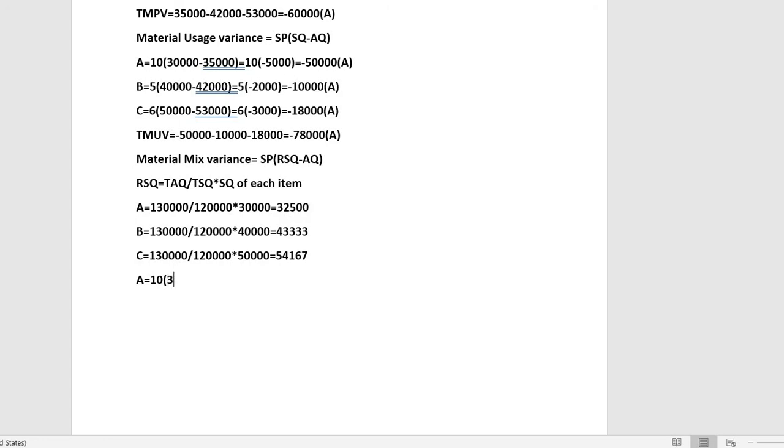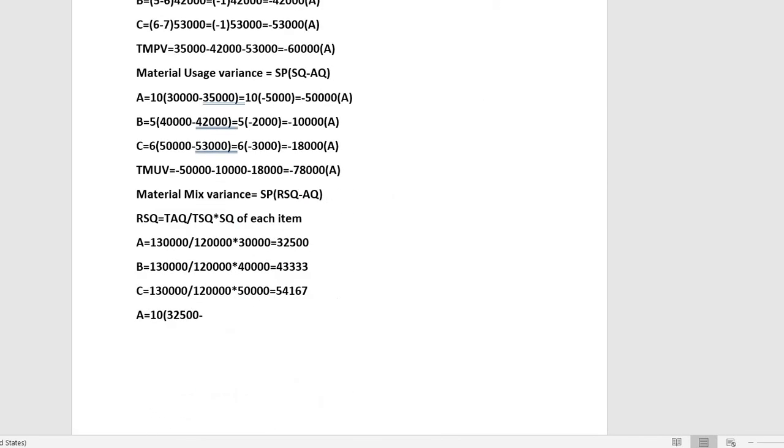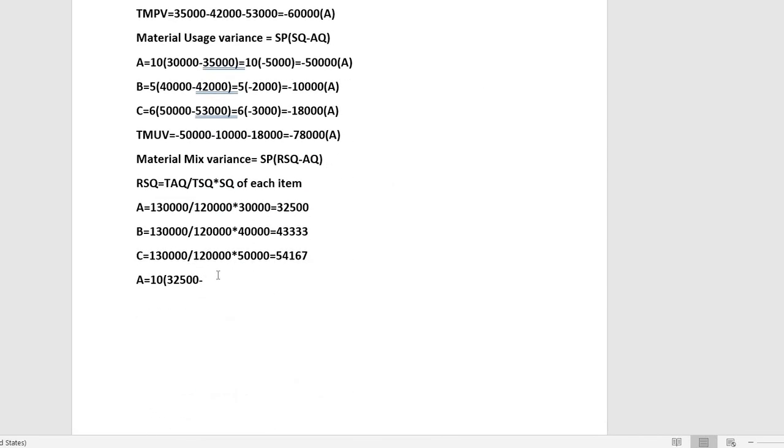The revised standard quantity of material A is 32,500 minus actual quantity of material A, which you can see here is 35,000. So 10 into 32,500 minus 35,000, that is minus 2,500.